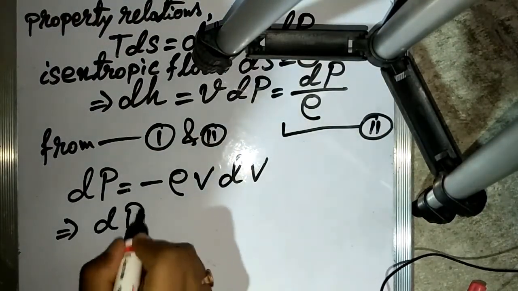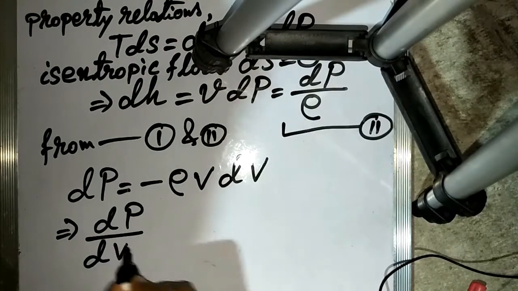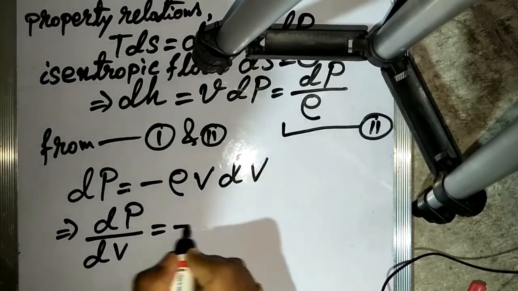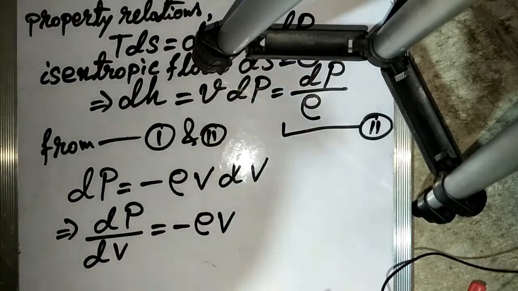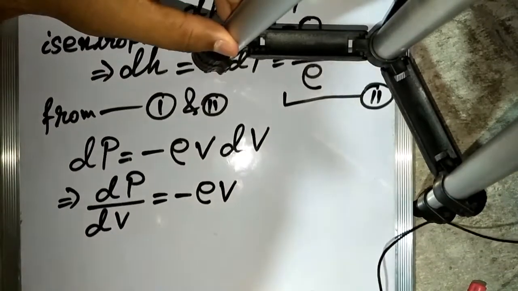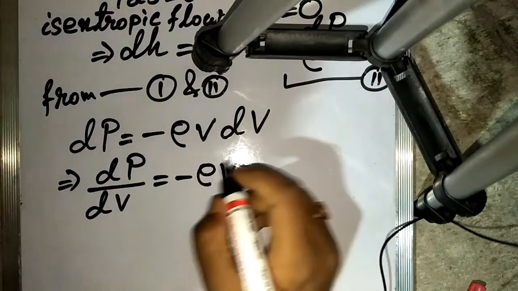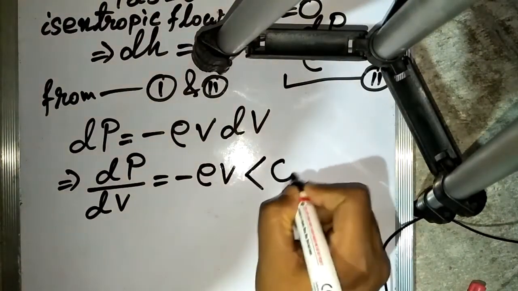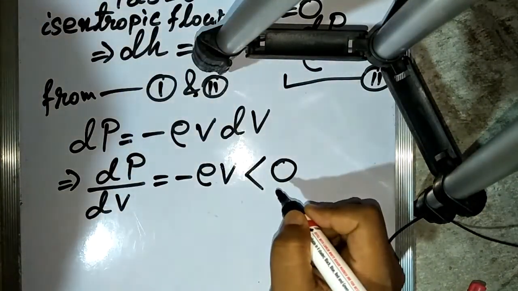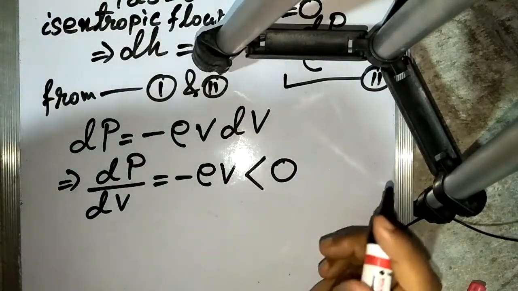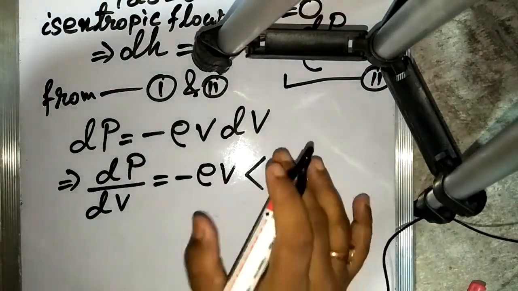So dP by dV equals minus rho into V. So we can comment that dP by dV is less than 0. What does that mean?